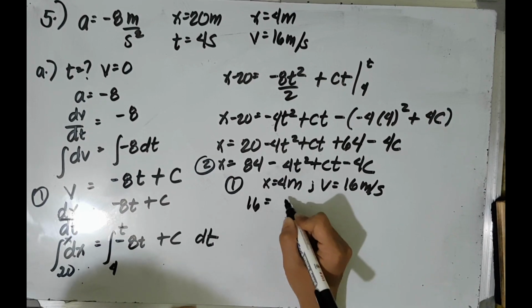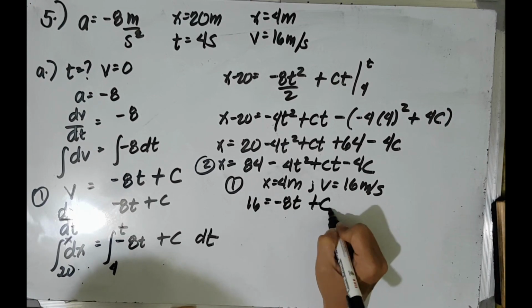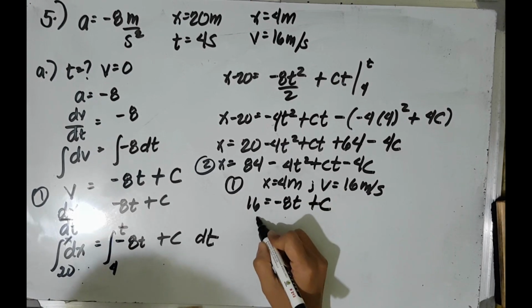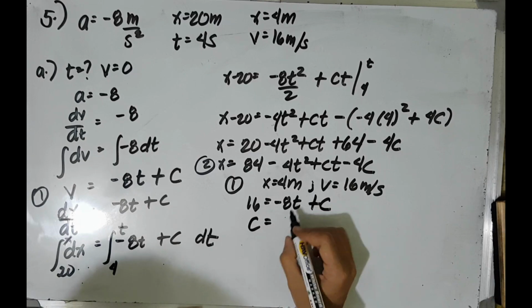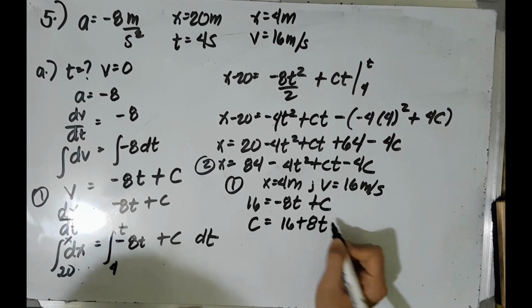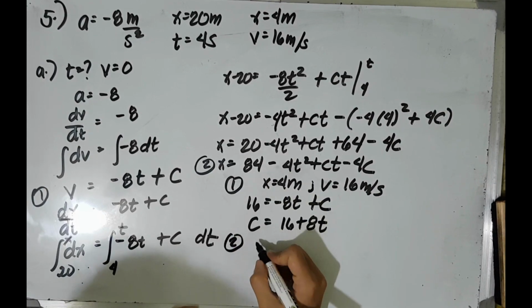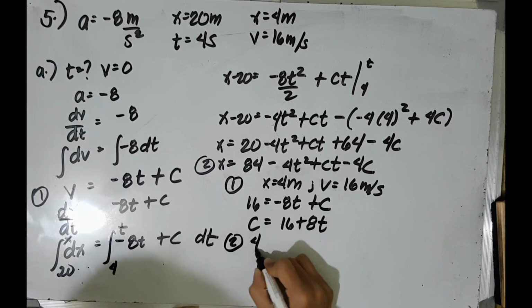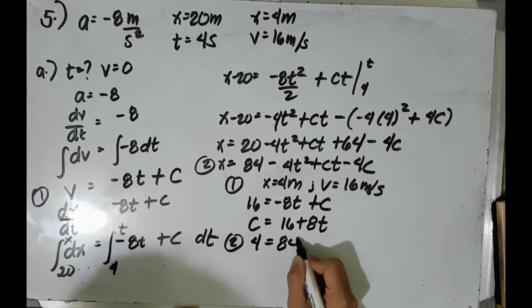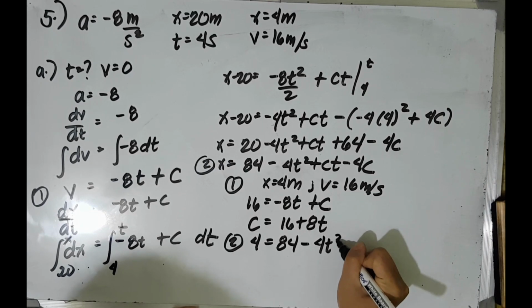Velocity 16 is equal to negative 8t plus c. Therefore, c is equal to 16 plus 8t. And then, for equation 2, substitute lang natin yung value ng x and value ng v.